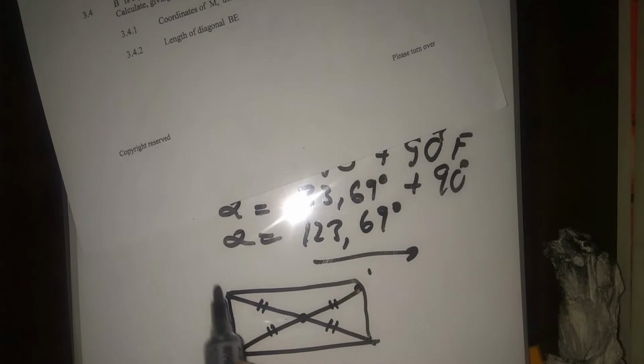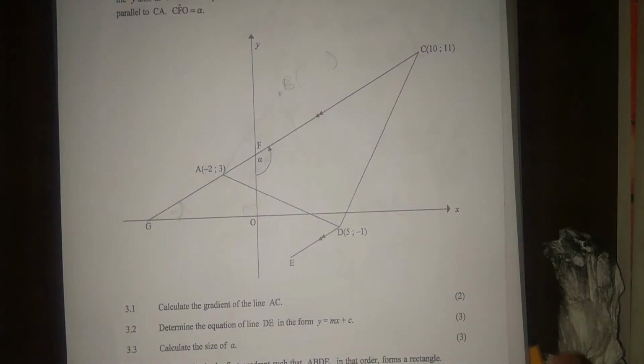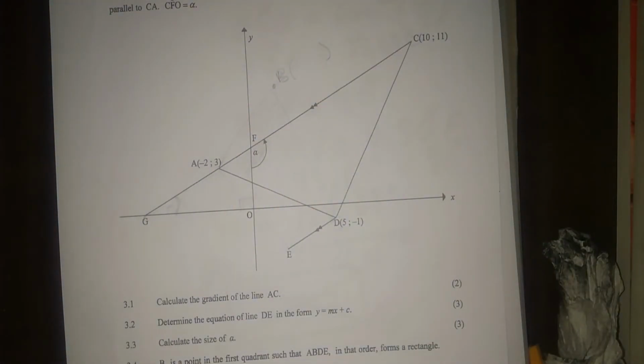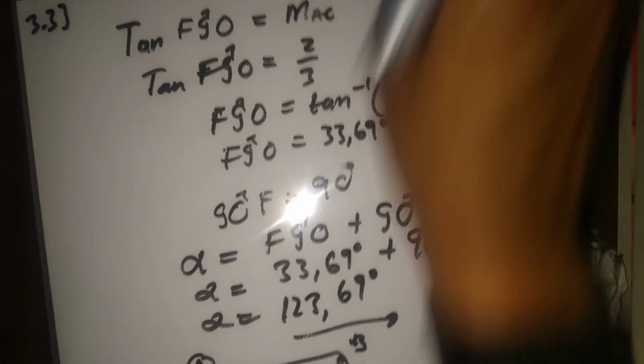So in other words, the midpoint of BE will be the same as the midpoint of AD. We have no coordinates for BE now, only the coordinates of A and D. So if I calculate the midpoint of AD, automatically I will have the midpoint of BE. So to calculate the midpoint of BE, we're going to use the coordinates of AD.